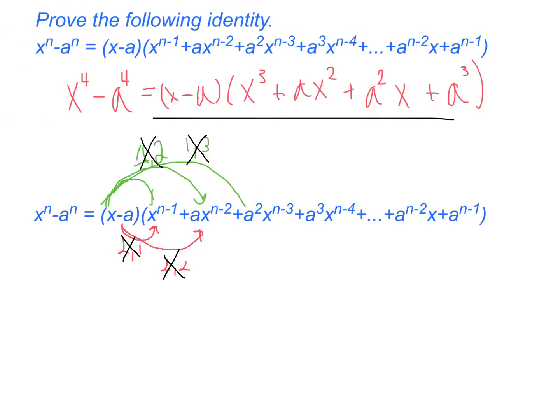And if you take this all the way to the end, think about what happens when you take x and multiply it by the last term. So this would be the first term in my binomial times the nth term. And what is that going to be? What is that going to cancel with?